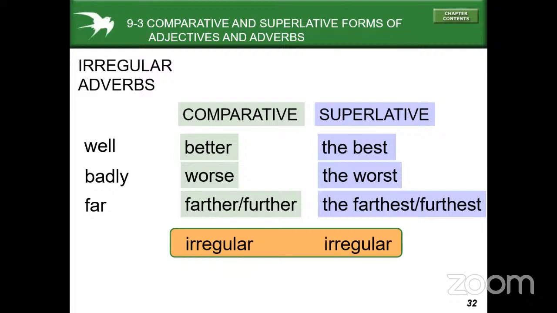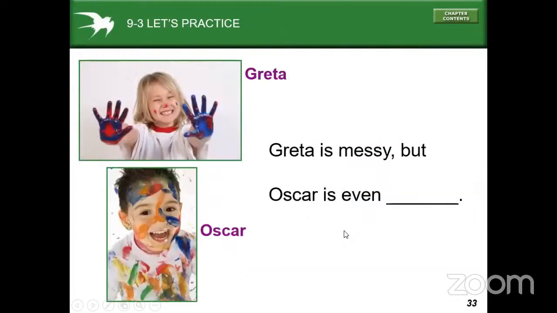Badly is worse. Farther or further, it doesn't matter if it's with A or U. Sometimes it's possible to use in American English farther and in British English further, but the best and the worst, right? The farthest or the furthest, it depends. But both of them are okay.